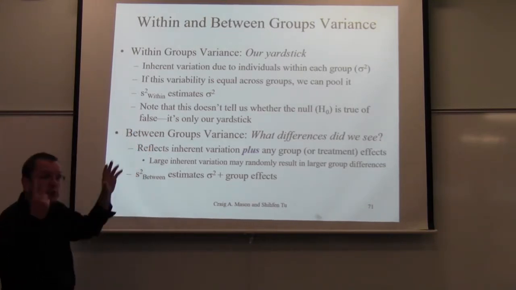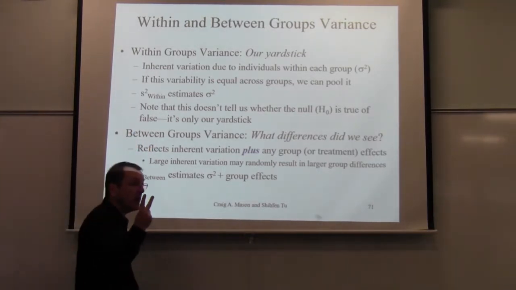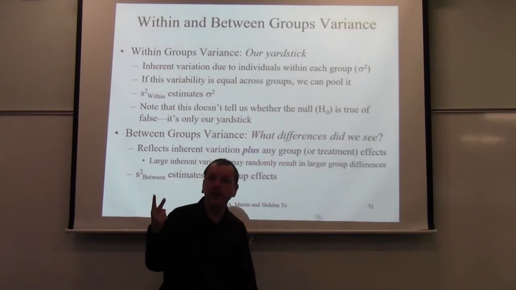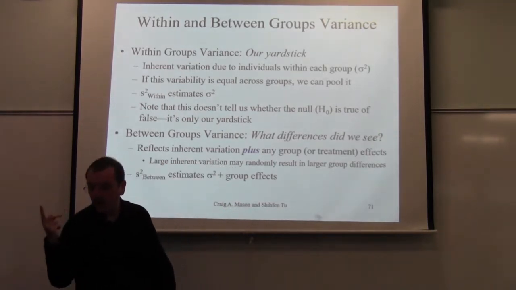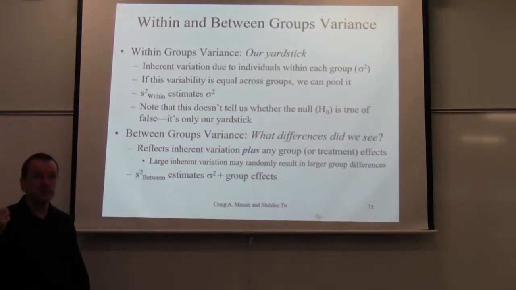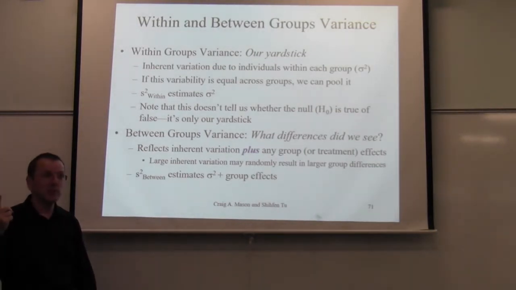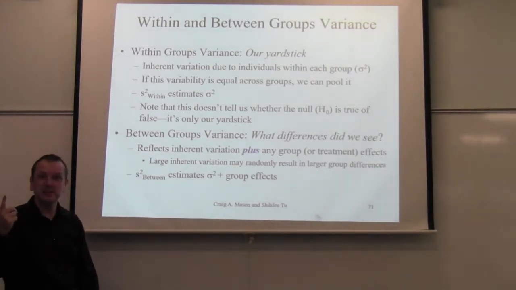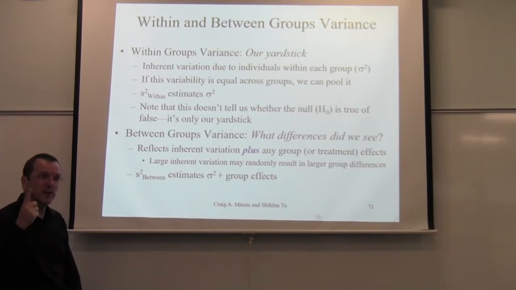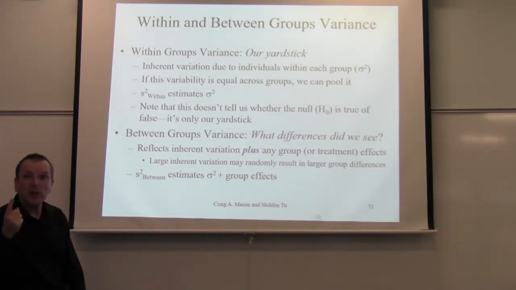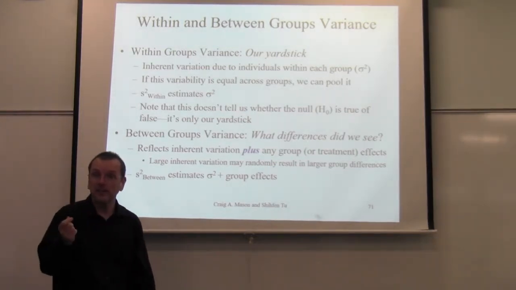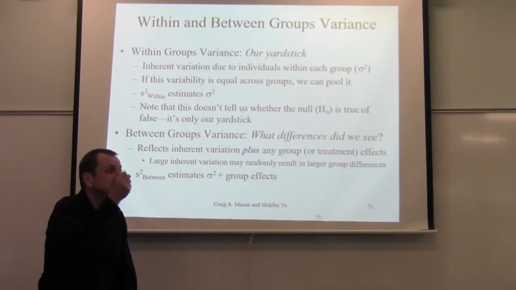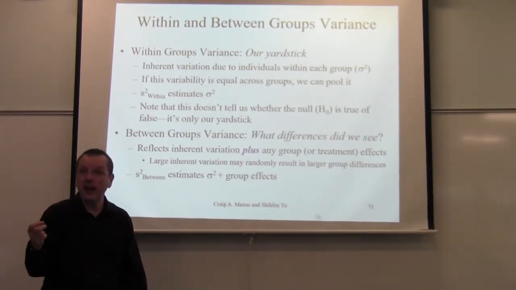So in ANOVA, we calculate 2 different types of variance. We calculate what we're going to call the within groups variance. It's like everyone having flashbacks to this, right? There's your within group variance, and we're going to use that as our yardstick, exactly the same way we were using standard deviation.